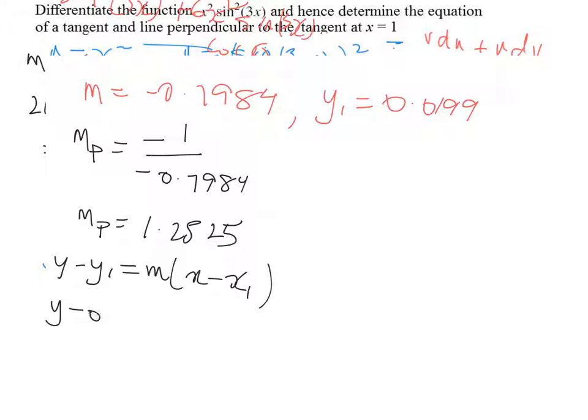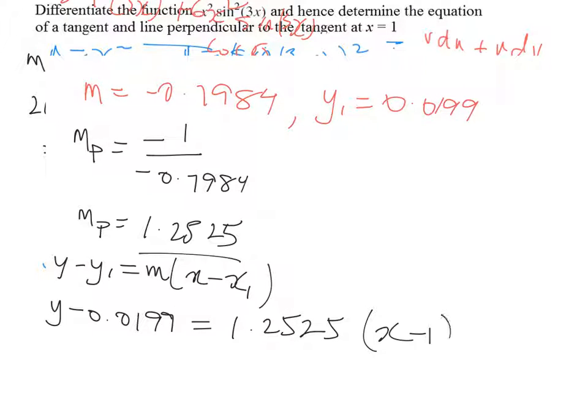So y minus 0.0199 equals m, which for the perpendicular is 1.2525, times x minus 1. We go through the rigmarole of substitution, multiplication, expansion, and we end up with y equals 1.2525x minus 1.2326.